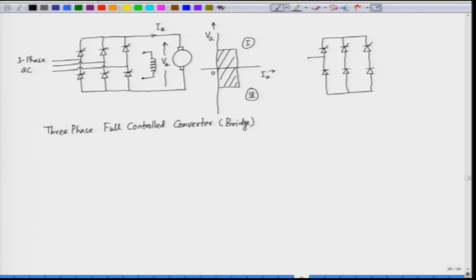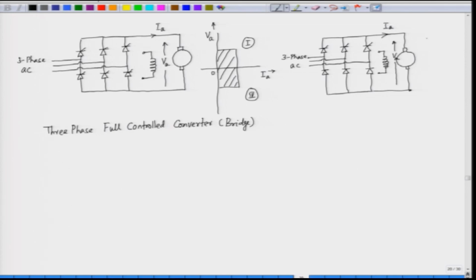The input supply here is again 3-phase AC supply, and the output feeds the armature of a DC motor. The field is separately excited. We have this current here IA, and the armature voltage here is VA.